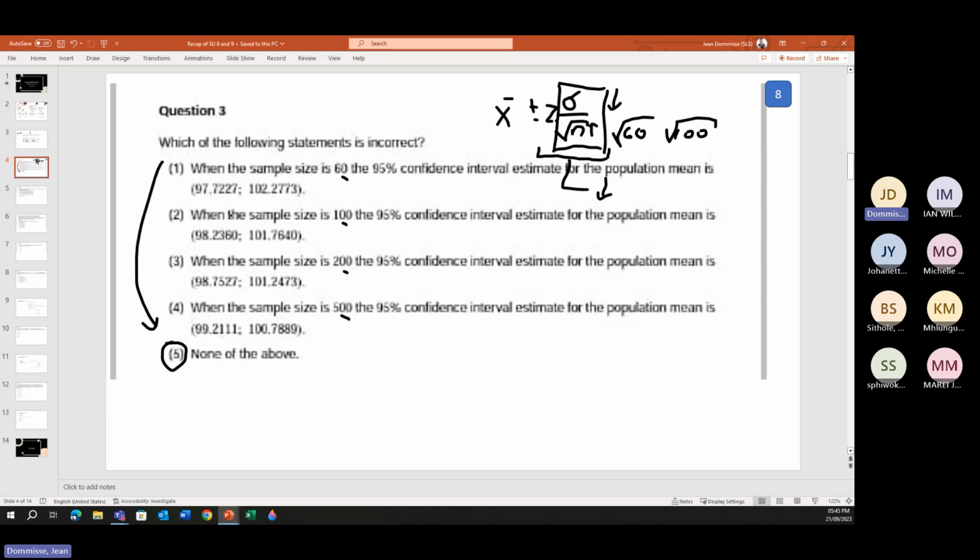So nothing in these can tell me that one of them is wrong. I just don't know all the other information around it. So that's why I would stick with option 5.